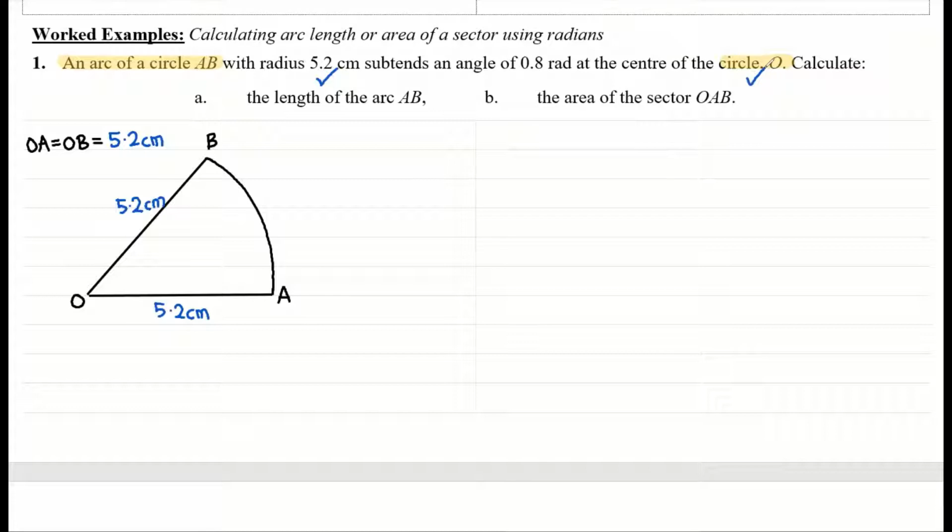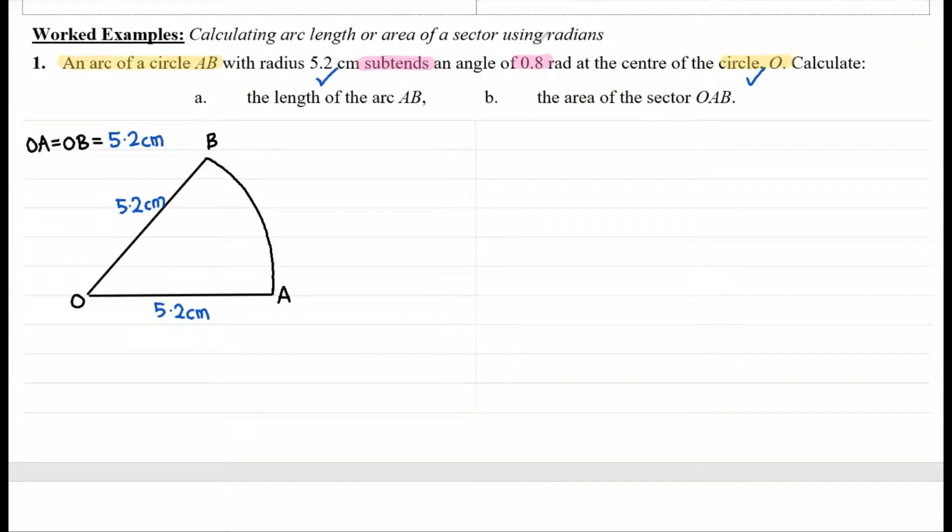And then we have this word subtends. I'm just going to highlight that, you'll see it a few times. Subtends an angle: this is the angle opposite, if you like, or the angle between the two radii. So we know that is 0.8 radians.